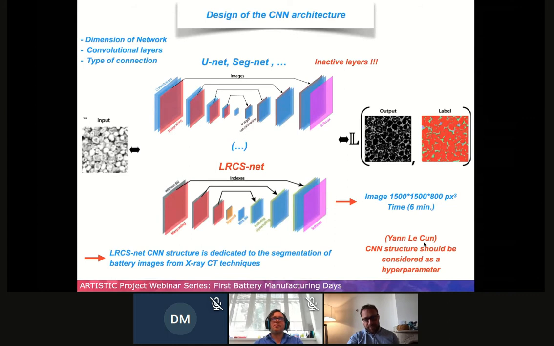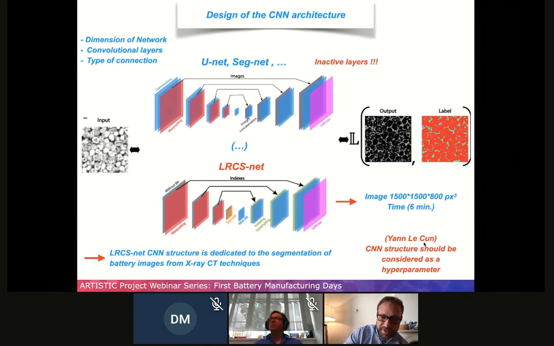So maybe in the future, it could be interesting to consider the structure as another hyperparameter and by iteration try to find which structure is the best for your own task. But for us now, we have a specific architecture for the segmentation. We call that LRCS-net.